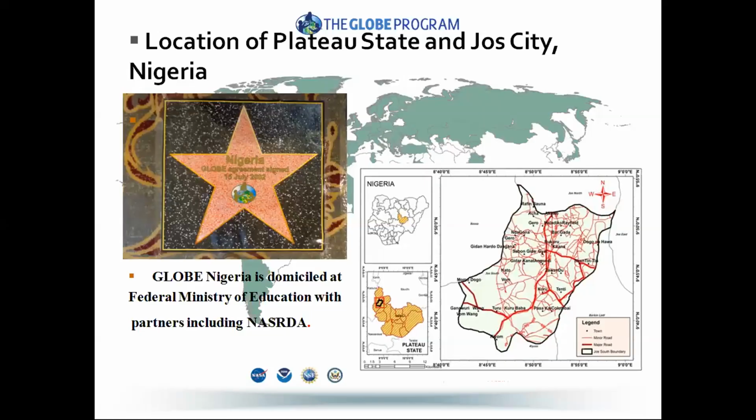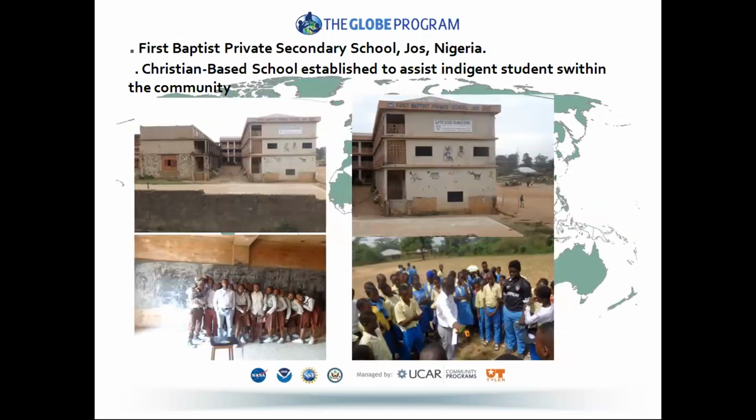And Globe Nigeria works with partner agencies like the Nigerian Space Agency, Federal Ministry of Science and Technology, Federal Ministry of Environment, and NEMA, the National Emergency Management Agency, and a few institutions.